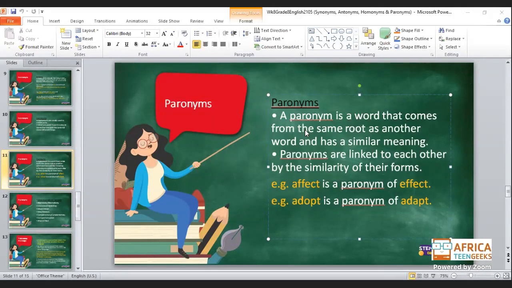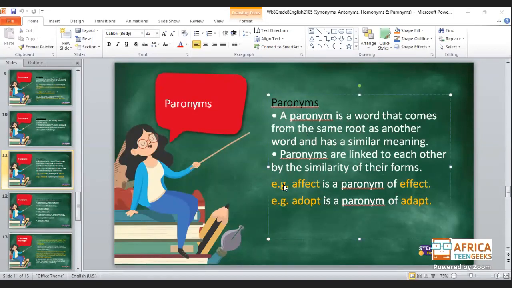That is why we will spend a lot of time on them in today's lesson. Paronyms are the last section of the lesson, and you will realize that we really had to learn about roots yesterday, so that when we come to learn about paronyms today, it's going to be easier because now we understand what roots are.